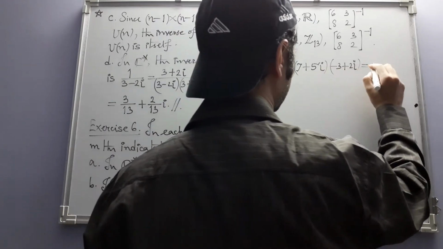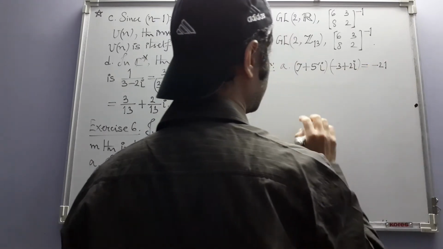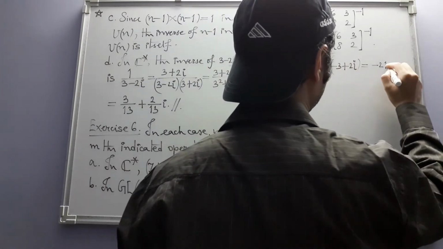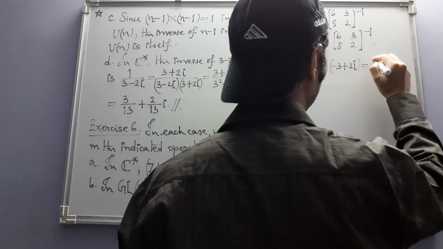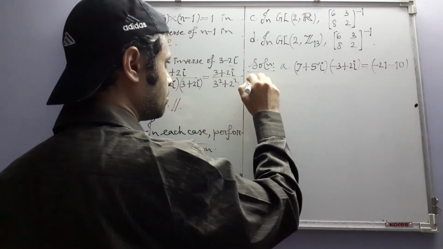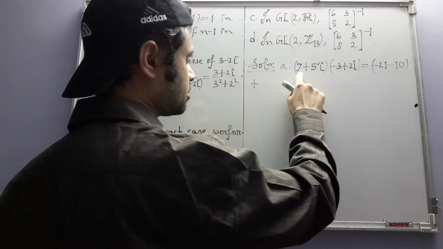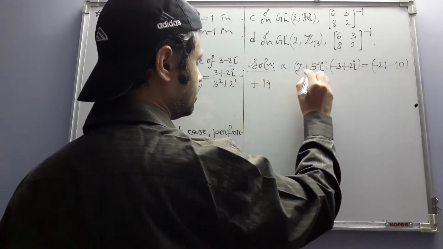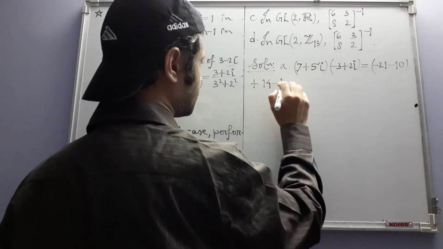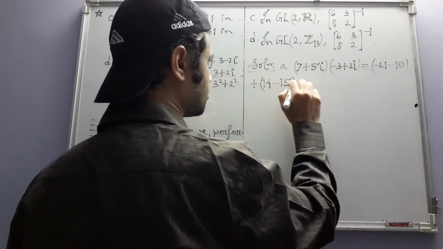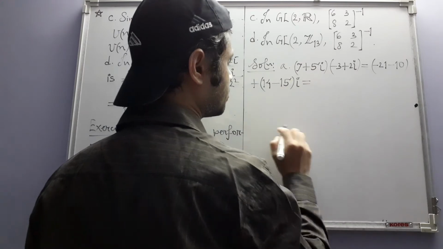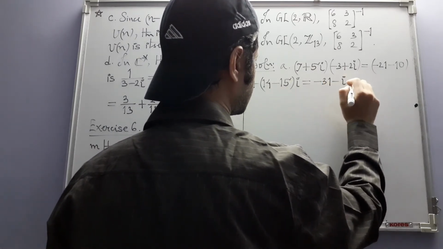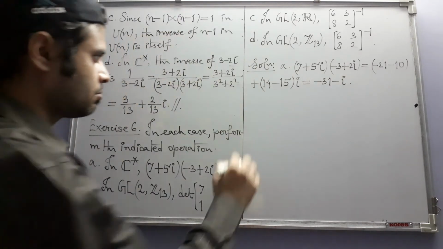Seven times minus 3 is minus 21, minus 10, plus 7 times 2 is 14i and minus 15i. So this becomes minus 31 minus i. So this is the product.